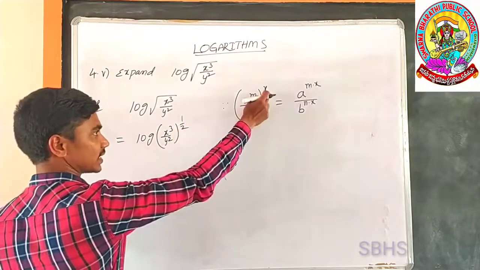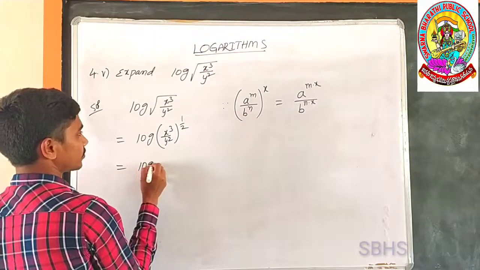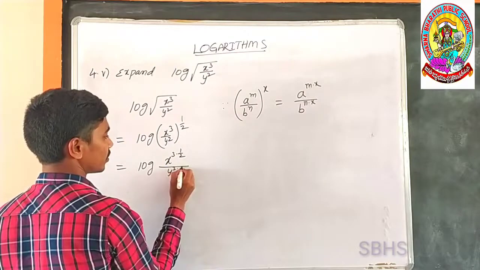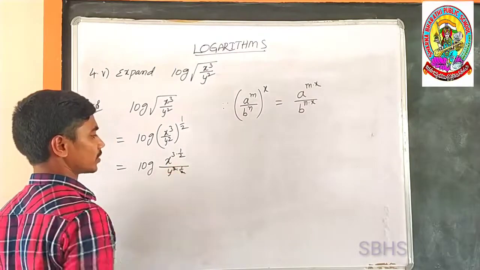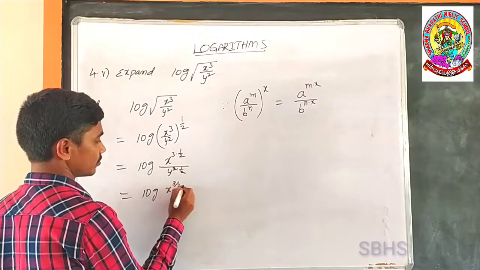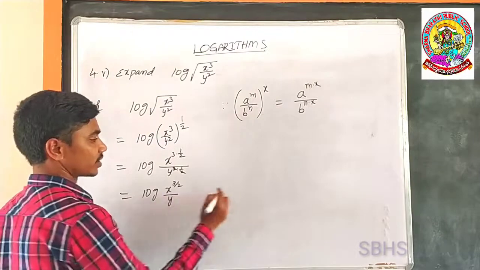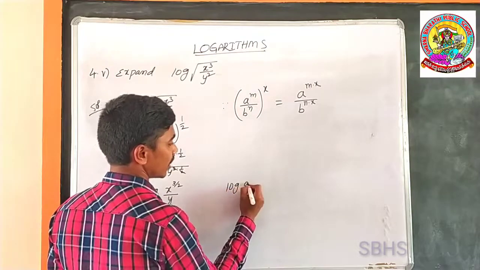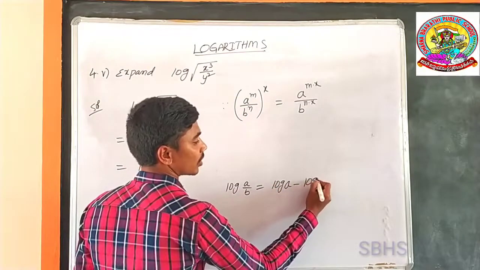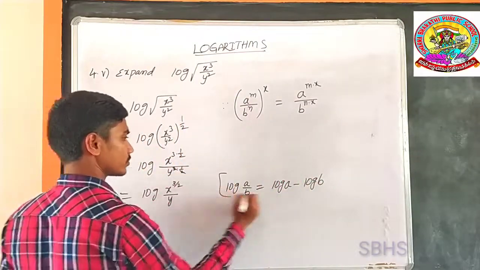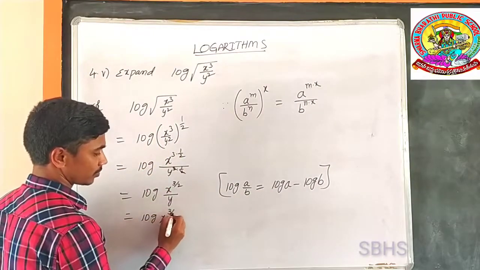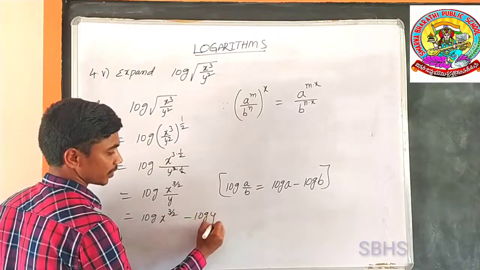This 1 by 2 is like this as log x cube into 1 by 2 by y square into 1 by 2. Square 1 by 2 cancel. So log x power 3 by 2 by y. It is in the form of log a by b, which is equals to log a minus log b. Log x power 3 by 2 minus log y.